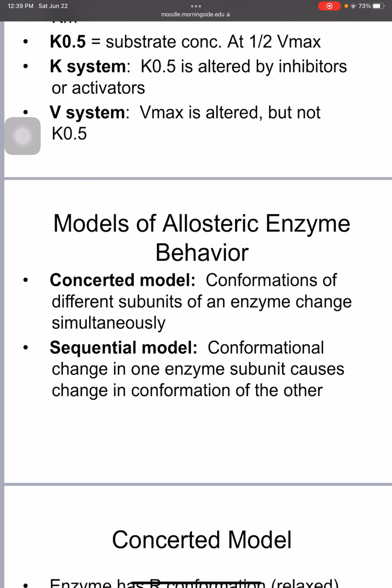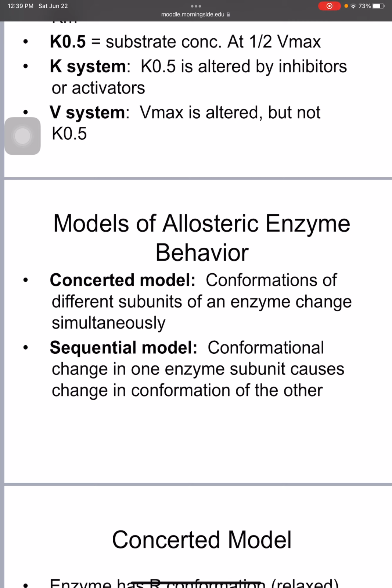When something binds, and that something can be a substrate, an inhibitor, an activator, whatever, it causes a conformation shift that makes the enzyme either more likely to bind a substrate or less likely. Whereas with Michaelis-Menten, it was all or nothing. It either binds it or it doesn't. Well, there are a couple of different theories for how this occurs.